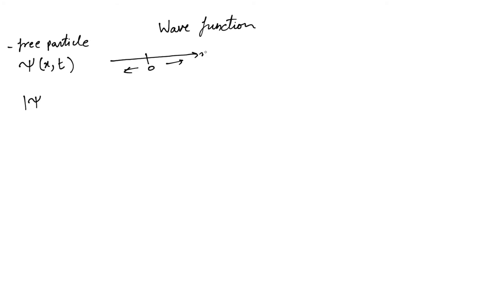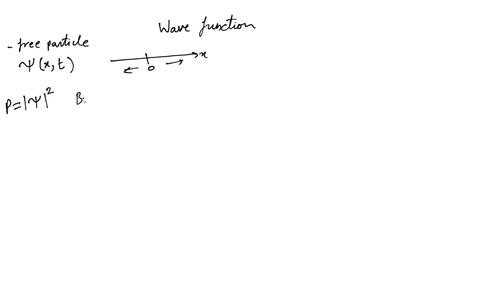So the probability of finding the particle at position x, at time t, is this. So this is the probability of finding the particle at time t at position x.